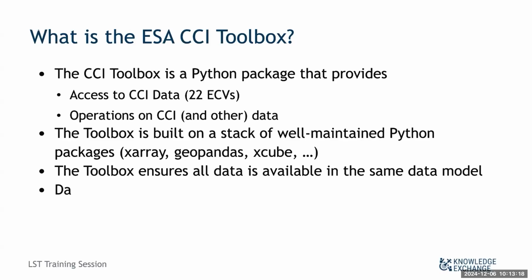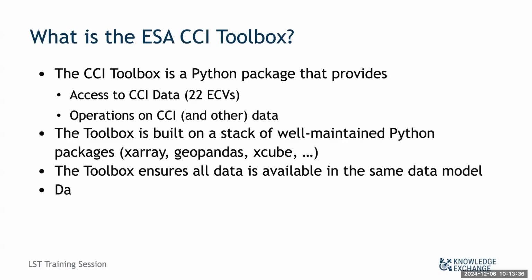It basically serves these two main purposes: to give access to CCI data. At the moment, this is 22 essential climate variables that are ingested into the system and accessible.